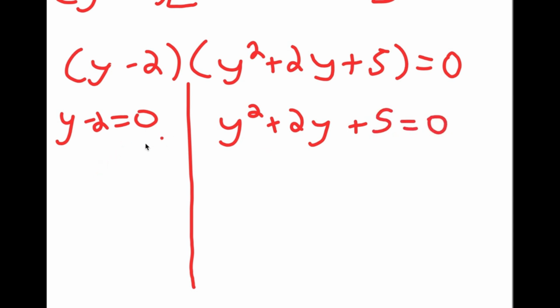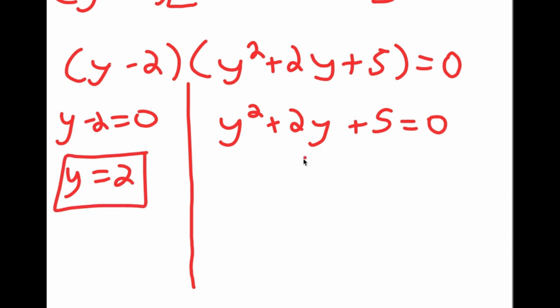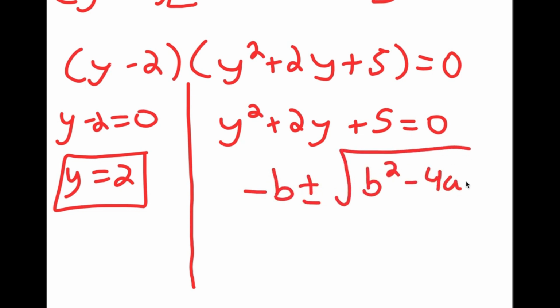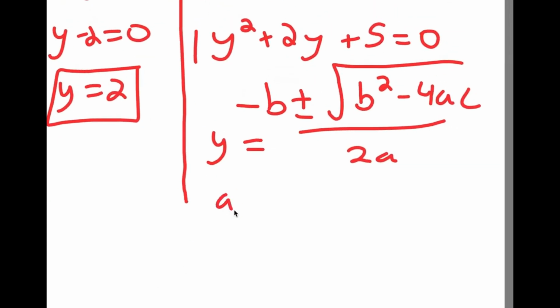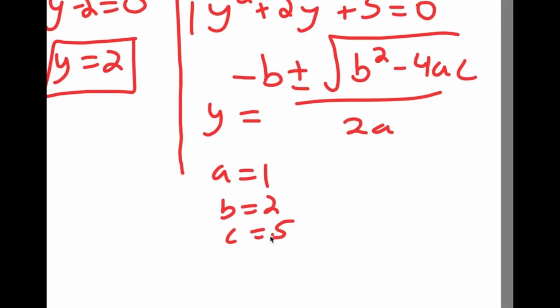So for y minus 2 equals 0, y is obviously equal to 2. And for y squared plus 2y plus 5 equals 0, we're going to use the quadratic formula, which is negative b plus or minus the square root of b squared minus 4ac all over 2a. So in this case, a is 1, b is 2, and c is 5.